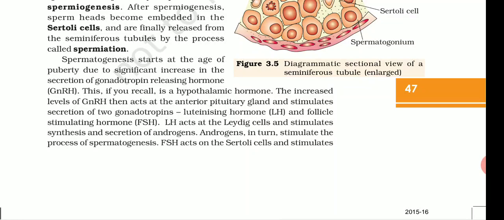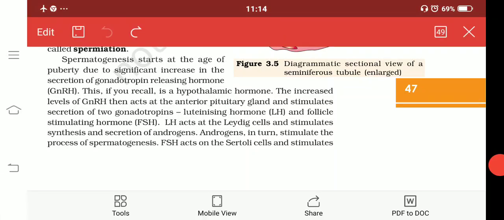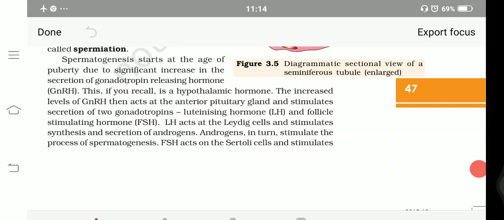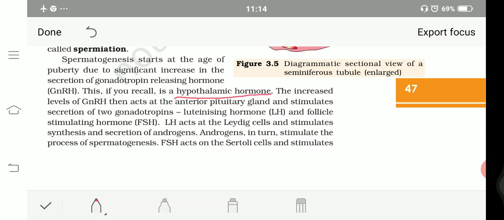When the release of the hormones takes place, the basic activity that occurs is the hypothalamic secretion. What is hypothalamic secretion? It is basically the secretions regulated under the effect of the hypothalamus. The level of gonadotropin helps in the development of the anterior pituitary and stimulates the two new gonadotropins.